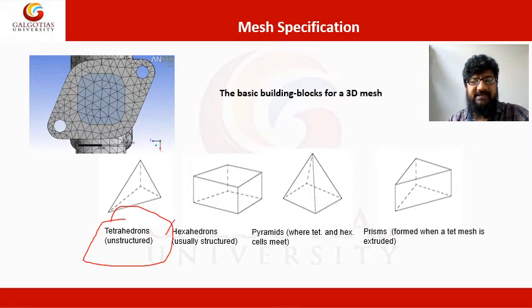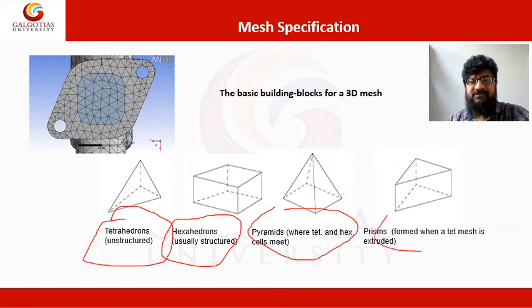The hexahedral mesh is usually used in structured mesh, along with pyramid type cells or control volumes, and prism type cells or control volumes. So your grid can be purely hexahedral, purely tetrahedral, or a combination of all these basic building blocks.